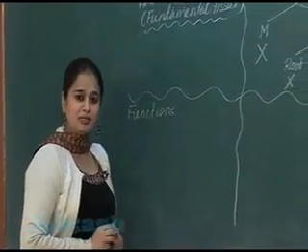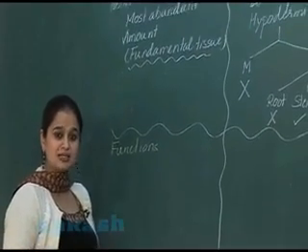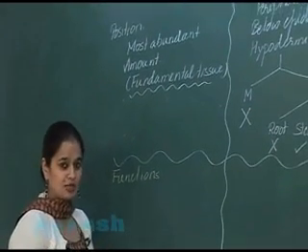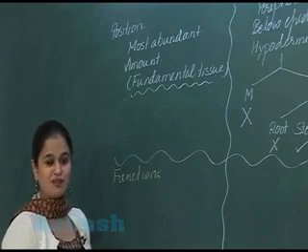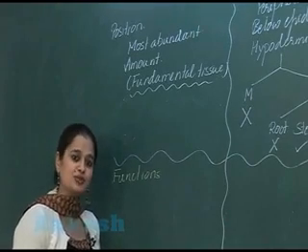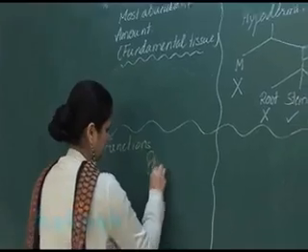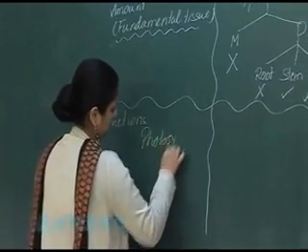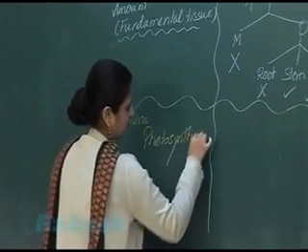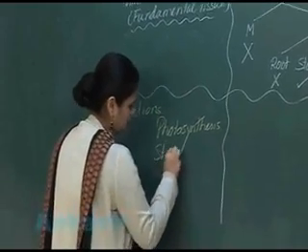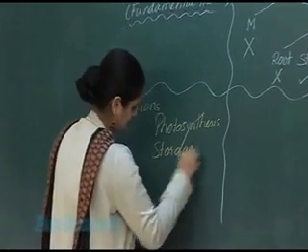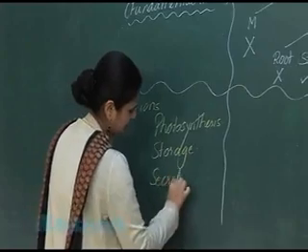Now parenchyma cells can contain chloroplast. So if they contain chloroplast, surely one of the functions of parenchyma cells is photosynthesis, along with storage as well as secretion.